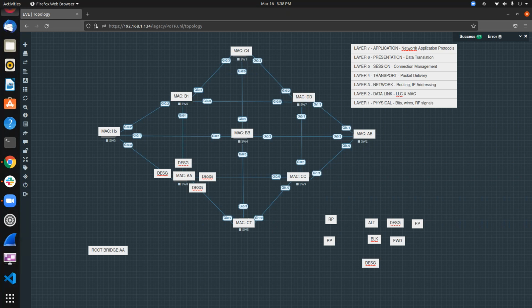It's the same for switch 4 to C7 to switch 5 to switch 8, 2 hops. So if the speed's the same, it's either way. It's 2 hops for both of them. They're equal in cost. Equal in cost.